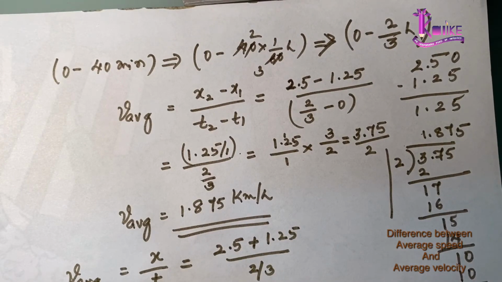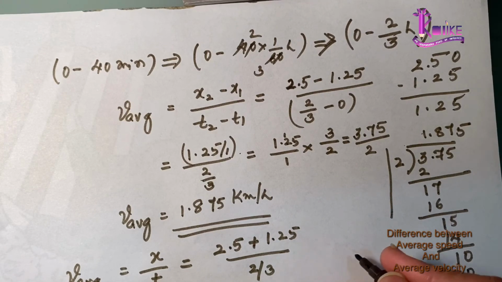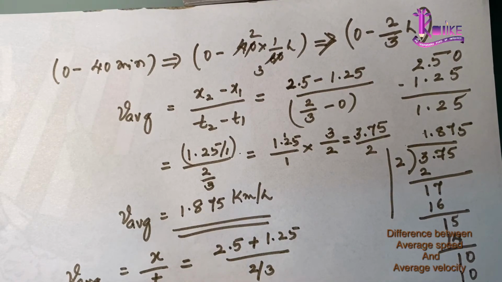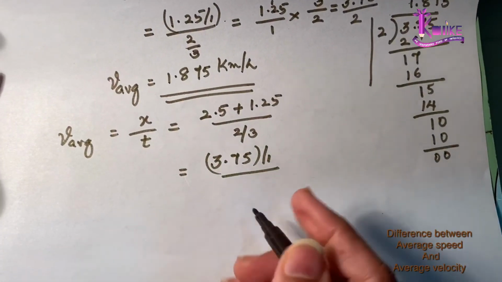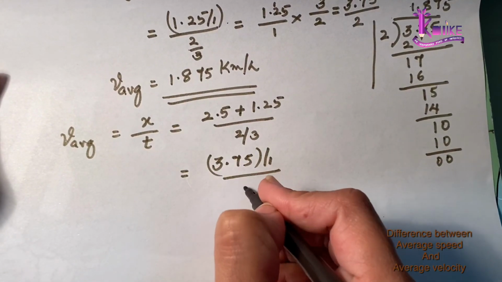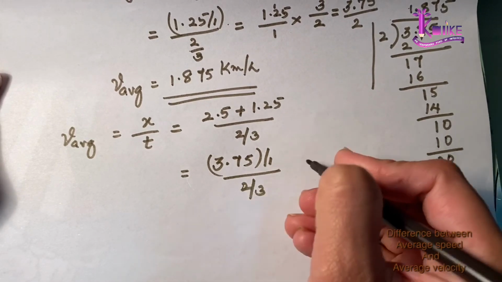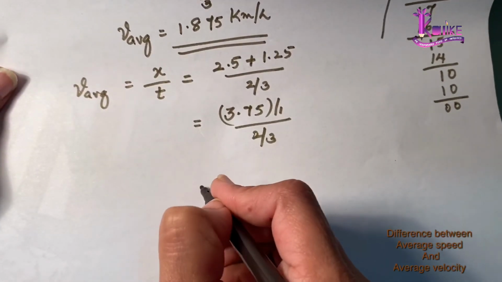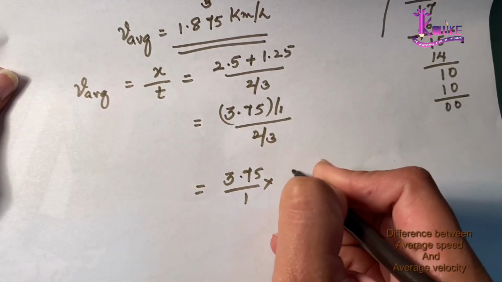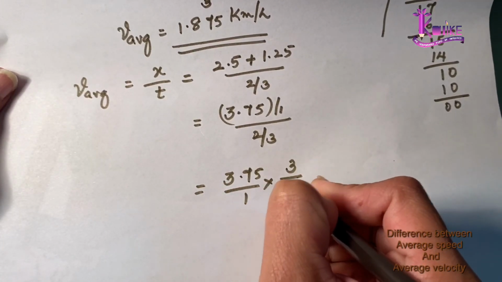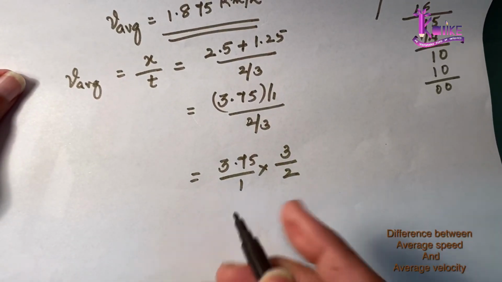Now if you add them, this will be 3.75 divided by 1 whole divided by 2 by 3. So this is nothing but 3.75 by 1. This goes to the numerator. It becomes 3 by 2.